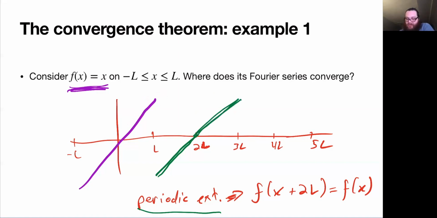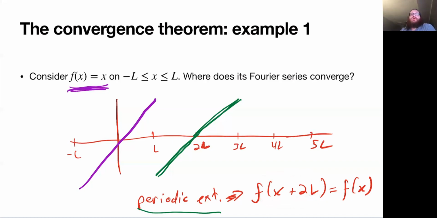So what we've done is we've sketched the periodic extension of the purple graph, the curve, one period to the right. But of course, if you add say 4L, so 2 more L, you're going to get x plus 4L, which is x plus 2L plus 2L.